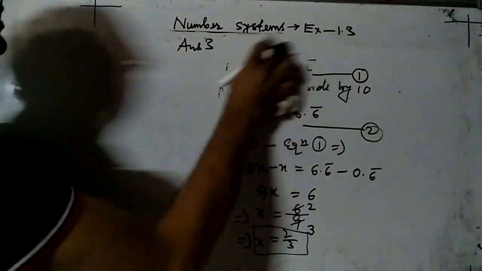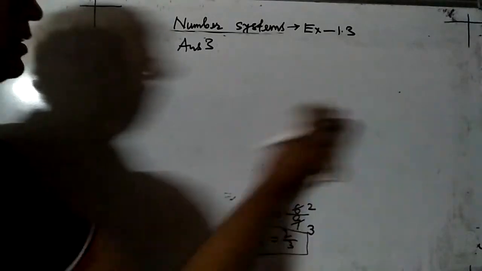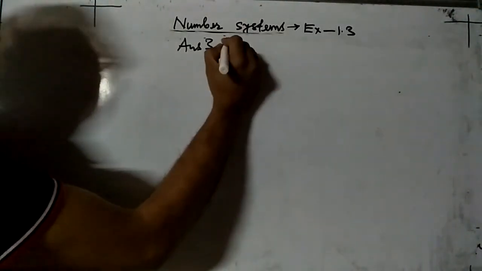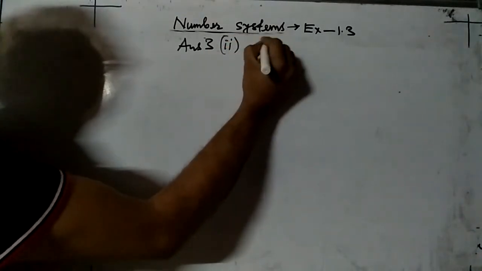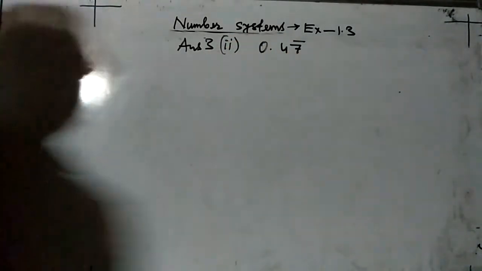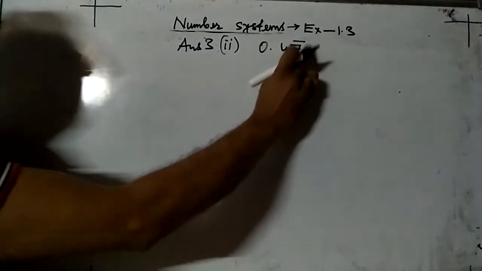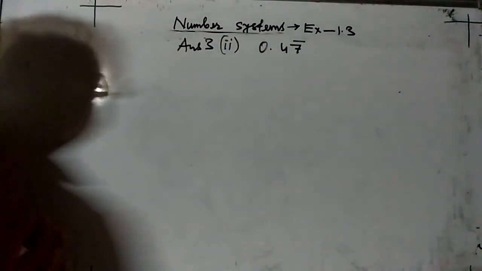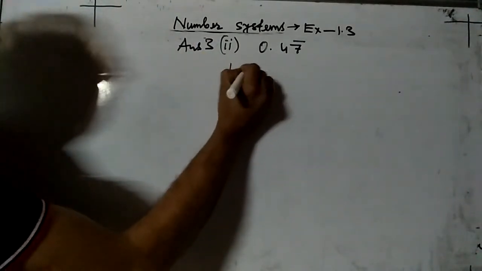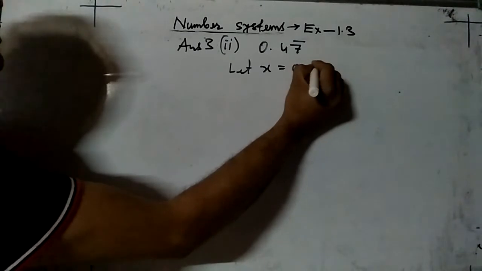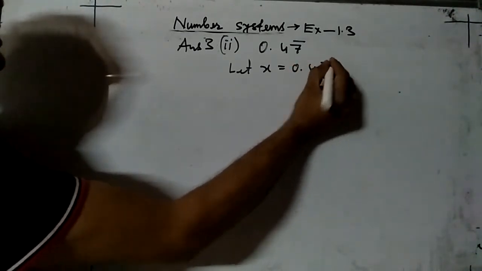Now it's the second part of question number 3. Just try to understand. The second part is 0.47 bar, right? Only on 7 the bar is present, not on 4. So let x equal 0.47 bar.